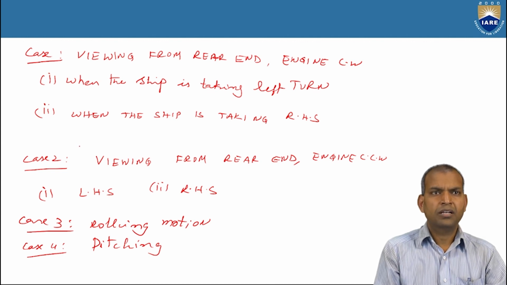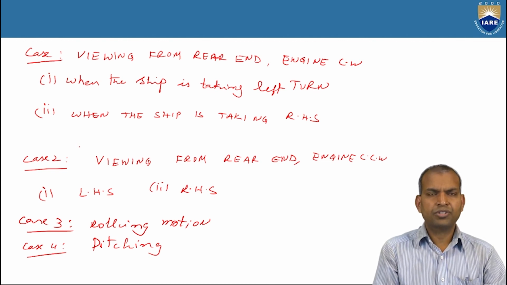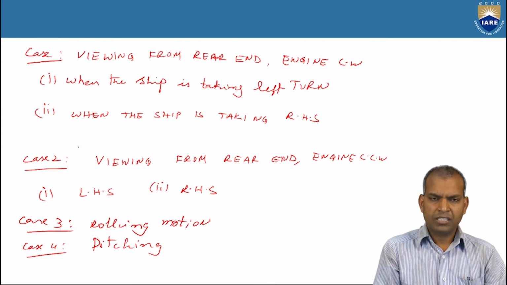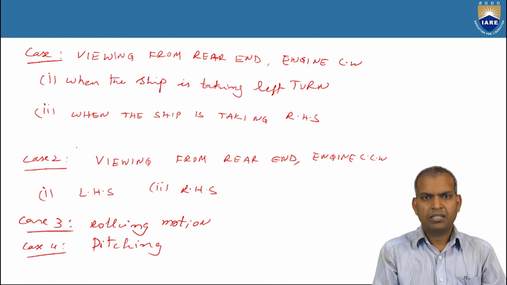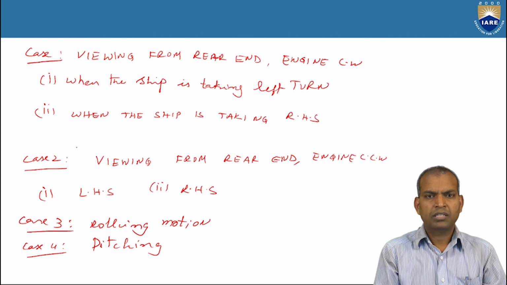This is for the ship. So far we have understood what the gyroscopic effect is, what the principle of the gyroscopic effect is, and how to draw the vector diagram by using the right hand screw rule.